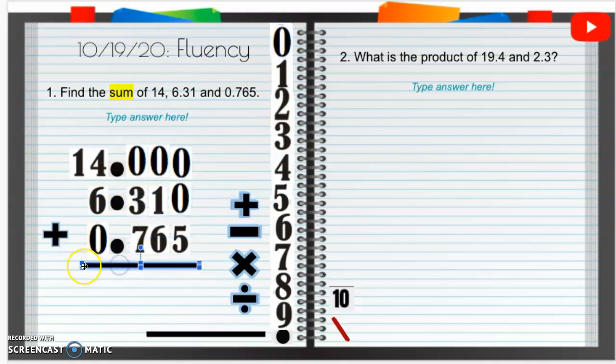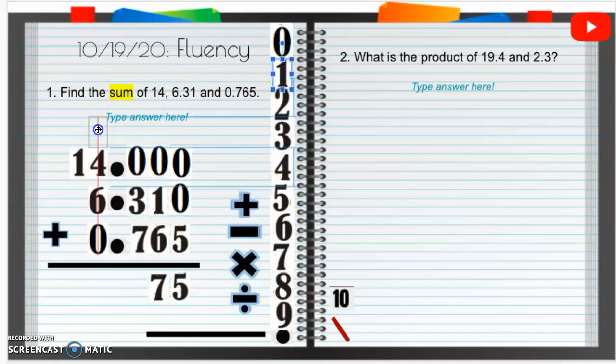Add them up. There we go. All right, so 0 plus 0 plus 5 is going to be 5. 1 plus 6, or 6 plus 1 plus 0 is going to be 7. 7 plus 3, or 3 plus 7 is going to be 10.